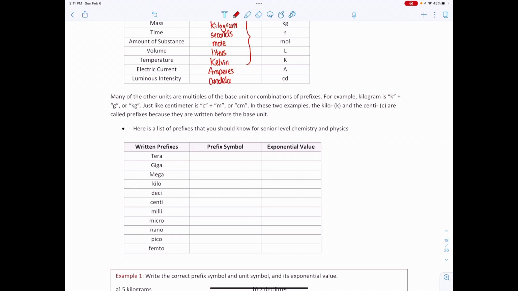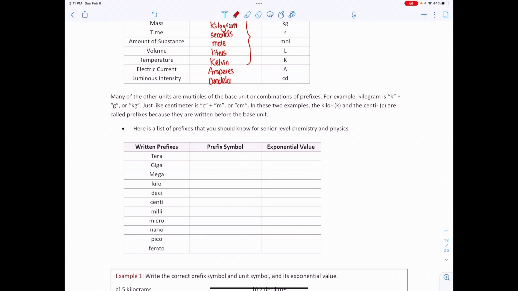Centimeter, like on our meter sticks, is really two parts: the centi, C, and then meter, M, or cm. In these two examples, kilo and centi, we call them prefixes because they're written before the base units. Depending on what prefix we have, we change the value of that base unit.